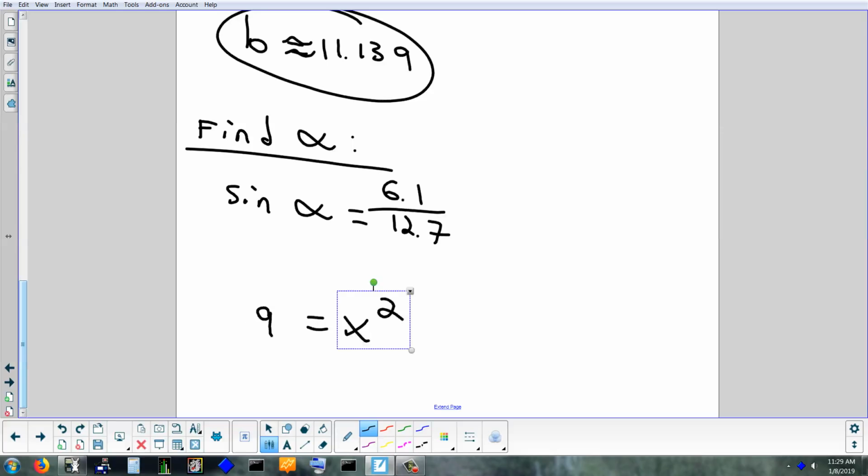It's another function that's the opposite of squaring. So what's the opposite of squaring? Square root. So square root cancels out the squaring function. They are inverses.